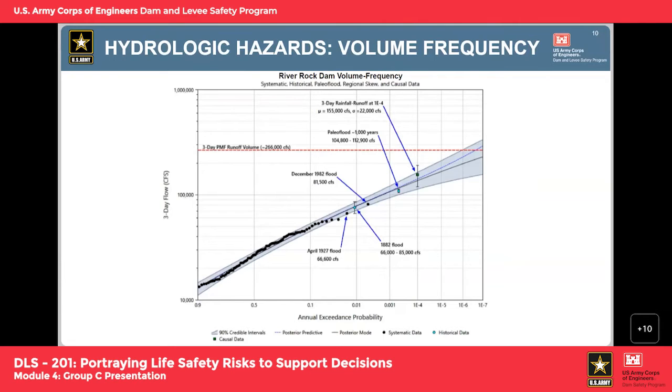And the non-exceedance bound has a best estimate 3-day inflow of 218,600 CFS with an estimated age of 7,200 years ago. I think it's worth noting that 218,000 estimate is below the 3-day PMF runoff volume. I also wanted to point out that the AEP for the PMF based off the inflow frequency curve is approximately 2e to the -7, with the upper uncertainty closer to 1e to the -6.